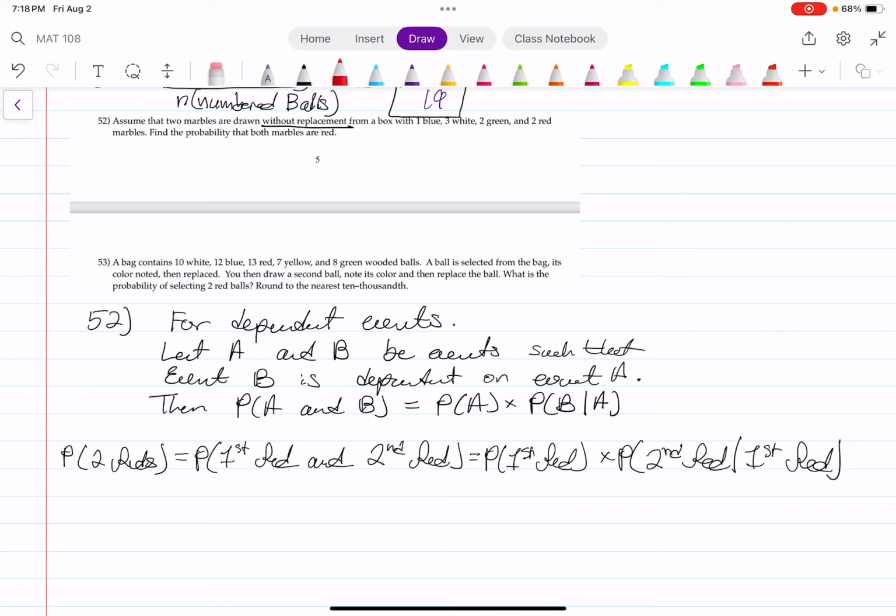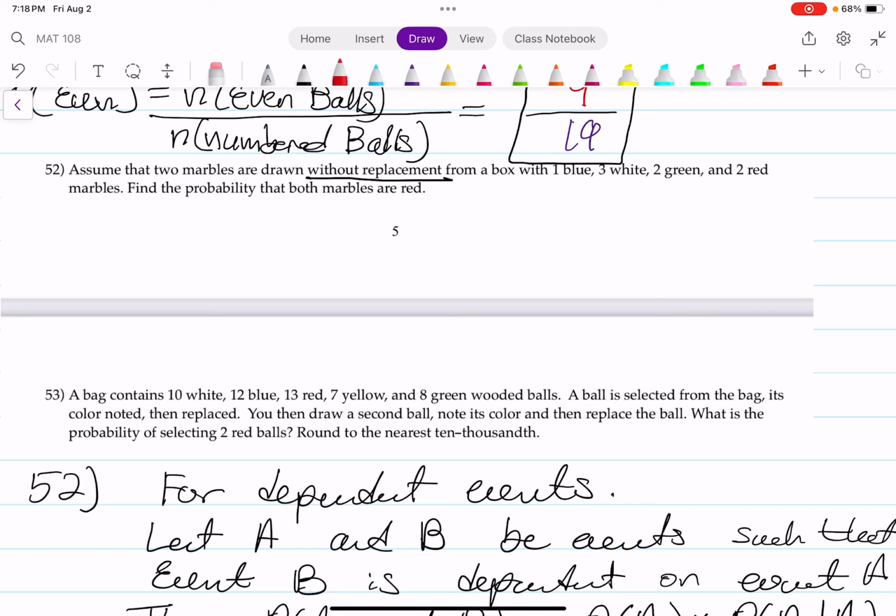So I'm going to use red for the marbles. We already established in number 52 that there are 10 marbles in total. Out of the 10 marbles in total, 2 of them are red.